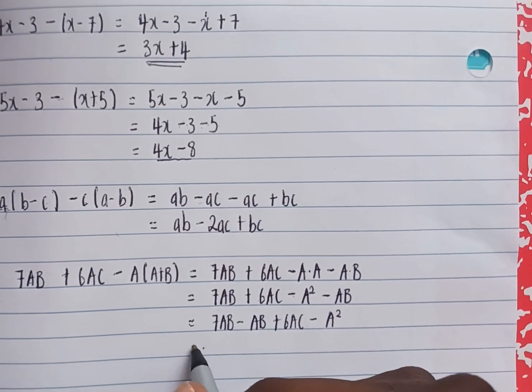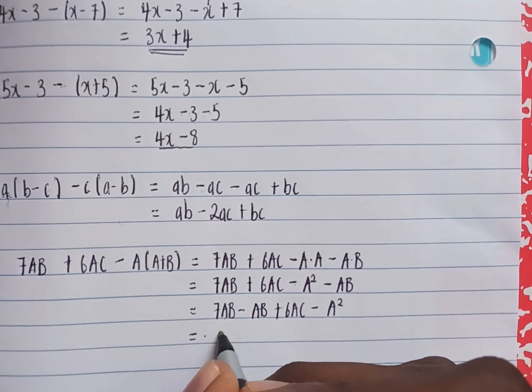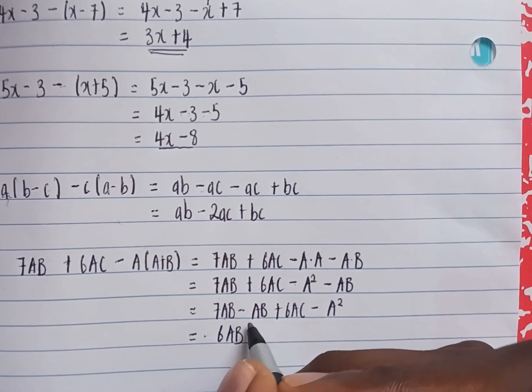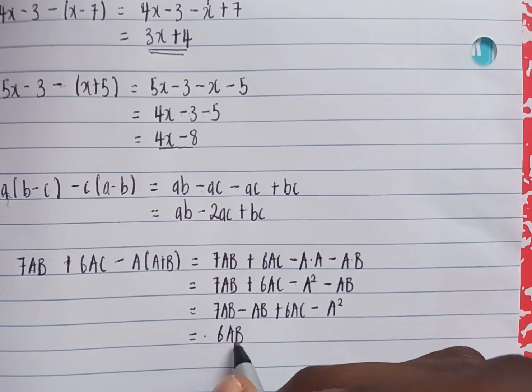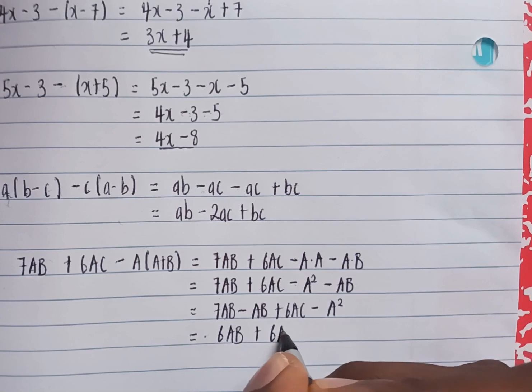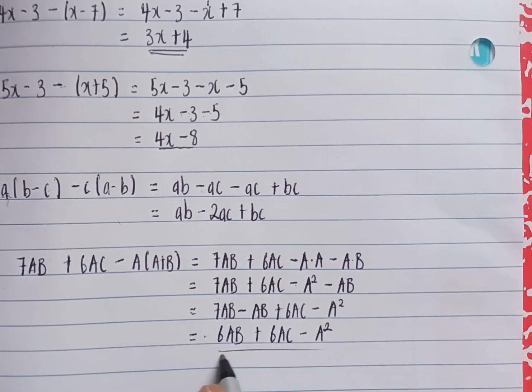I evaluate this: 7AB minus AB gives 6AB. Remember, when there's no coefficient, the coefficient is always 1. So it's like 7 minus 1, which is 6. So 6AB plus 6AC minus A squared. And this is our answer.